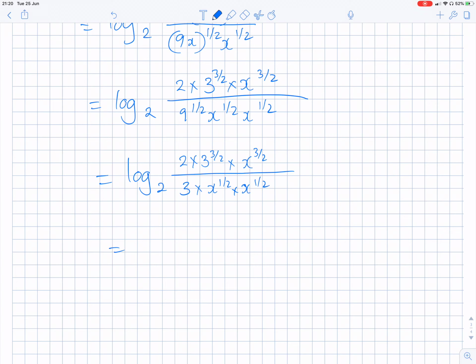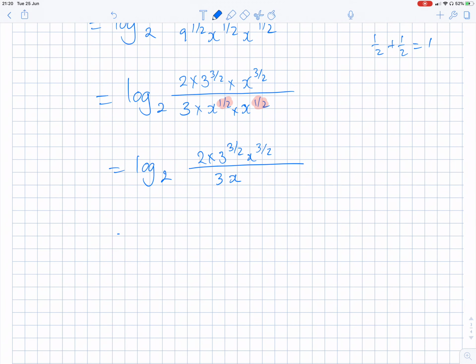Now, x to the power half times x to the power half is the same as x to the power 1, because you can add these two: half plus half is 1. So this is basically log to base 2 of 2 times 3 to the power 3 over 2, x to the power 3 over 2, divided by 3x.